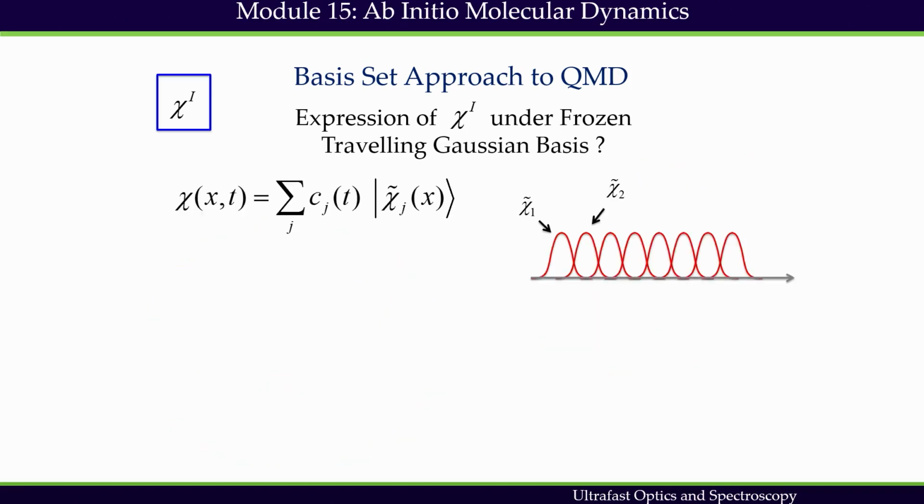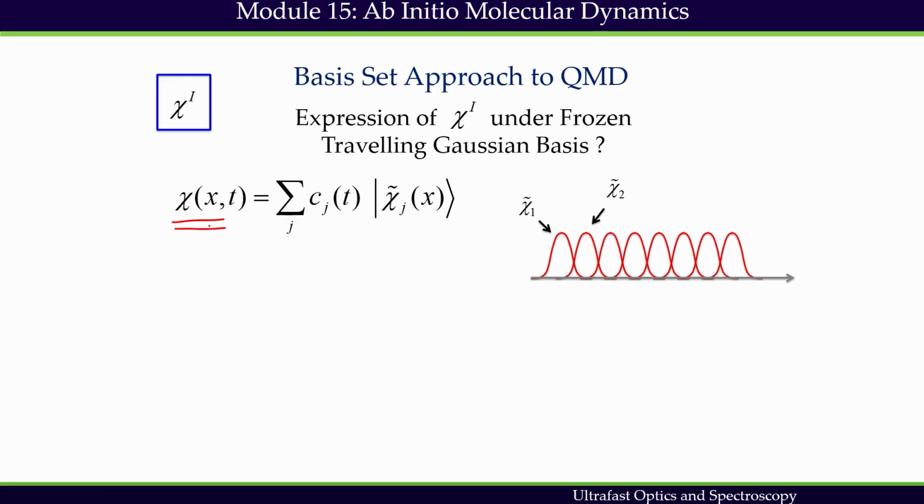To develop a basic understanding, instead of n atoms, one can stick to one atom for the time being, and one can also assume a one-dimensional problem. We have no electrons. We are just trying to play with the nuclear wave function.